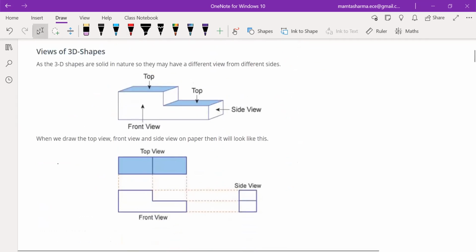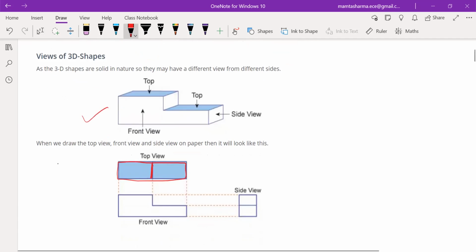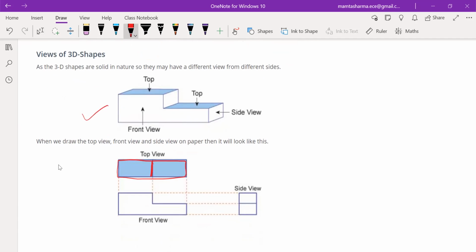Now see, if you have this 3D shape of this structure, the top view will be, if you see this structure from the top, only this blue portion. We can see this pattern from the top side. If we see from the front side, then we can see this L shape.